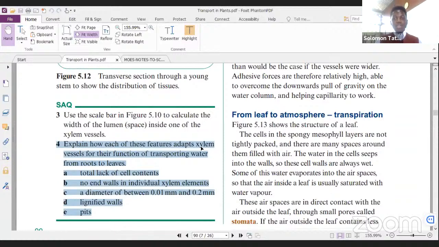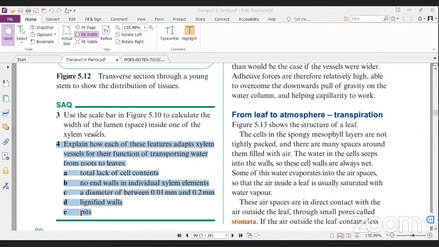Meanwhile, I have a question for us here. I have highlighted it. Who would love to answer this question for us? It says, explain how each of these features adapts the xylem vessels for their function of transporting water from roots to leaves. The first one, total lack of cell contents.